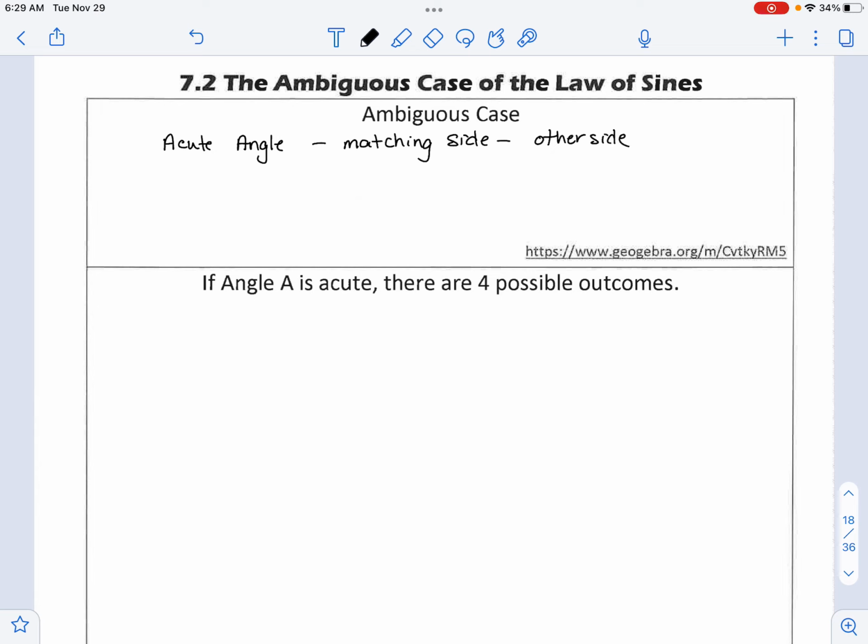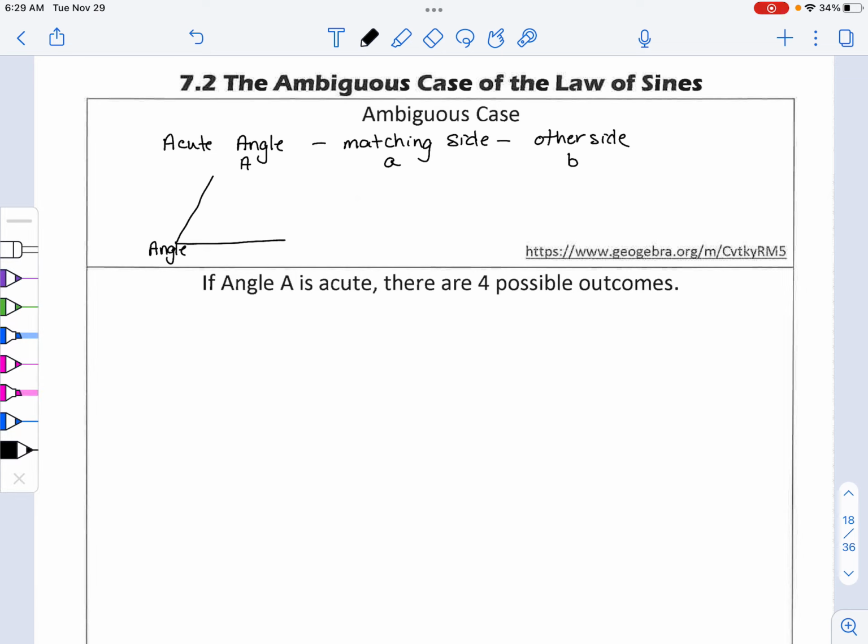And how we set this up, and what you saw in the nerd study video, is your angle was always put in that lower left corner. So that's where I want you to start. So if you notice that you are given an angle, potentially maybe angle A, and then side A, and potentially side B, or maybe you're given angle B and side A, whatever you have, you're going to have the angle, its matching side, and the other side, and I want you to put that angle in the lower corner.